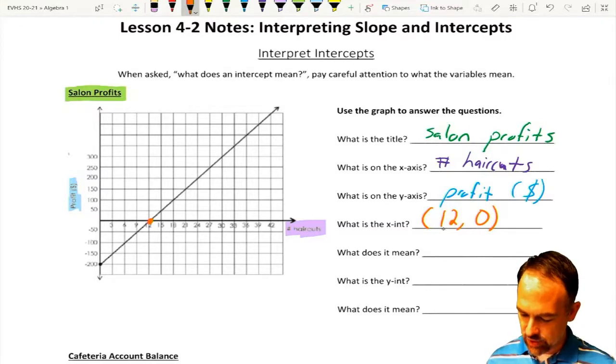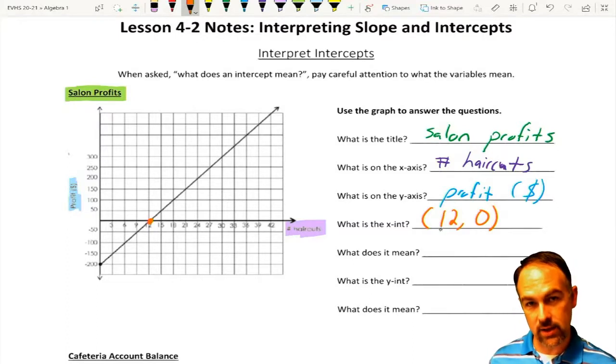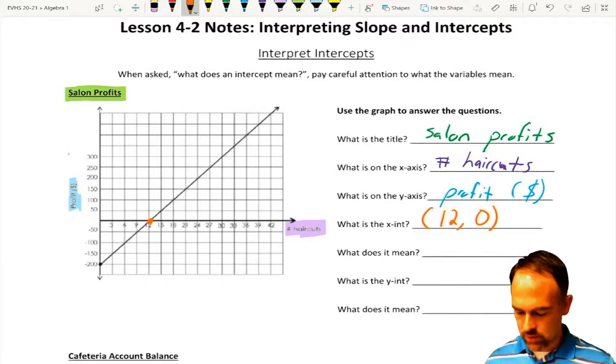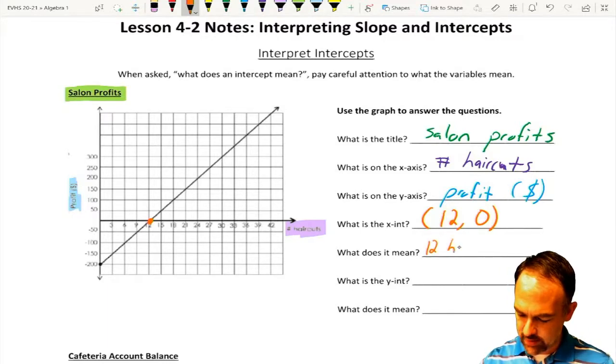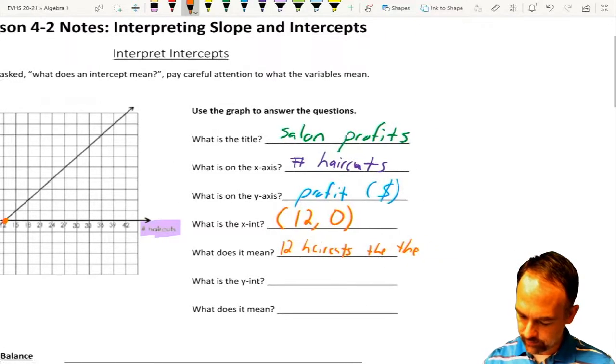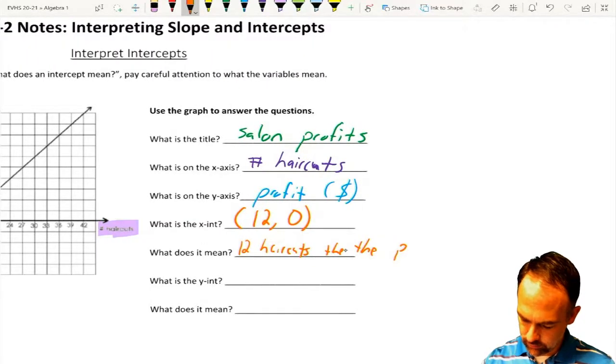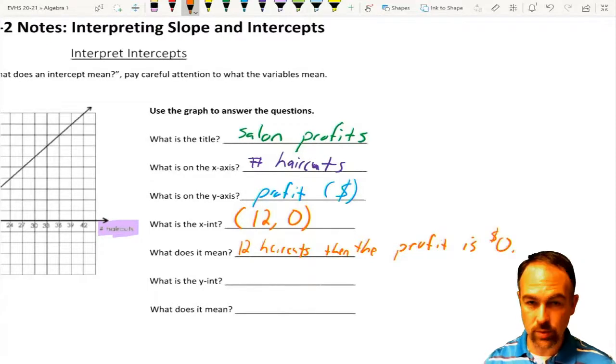In the x position, that's 12 haircuts. In the y position, that's $0. So what does that mean? That means that if she gives 12 haircuts, then the profit is $0.